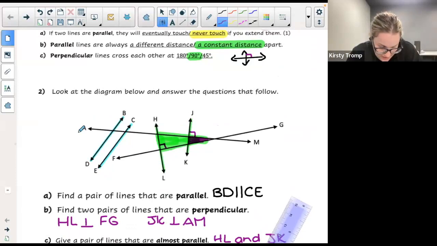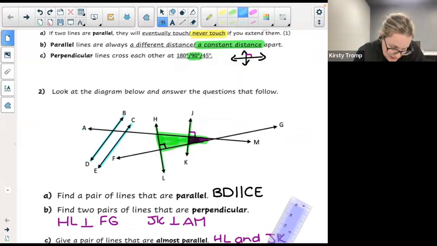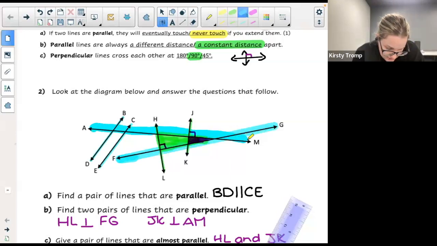Wouldn't that make a triangle? So let me go highlight it for you quick. We colored it in green.